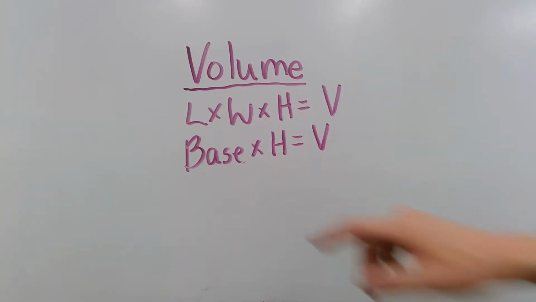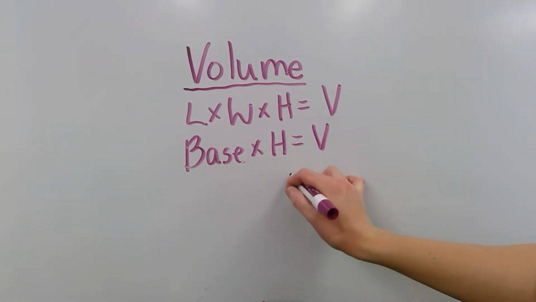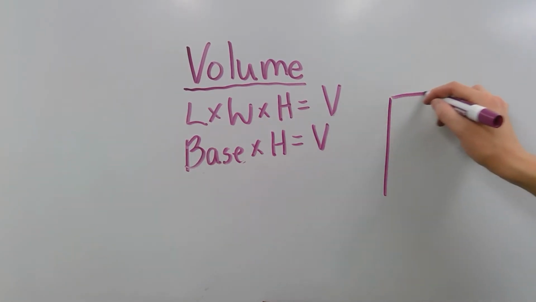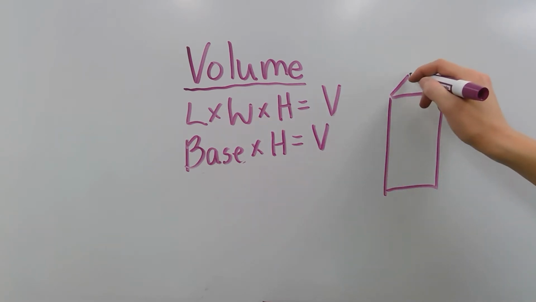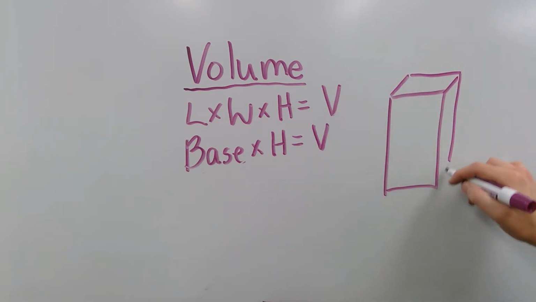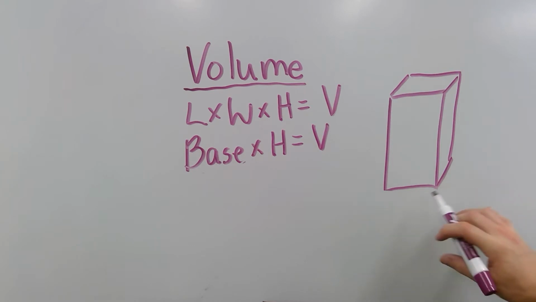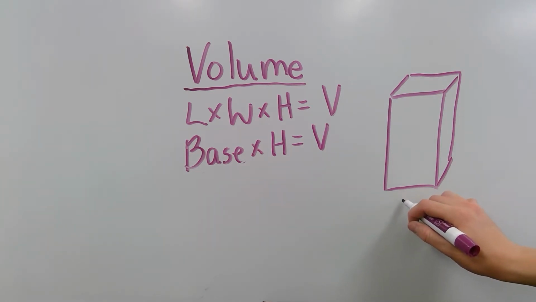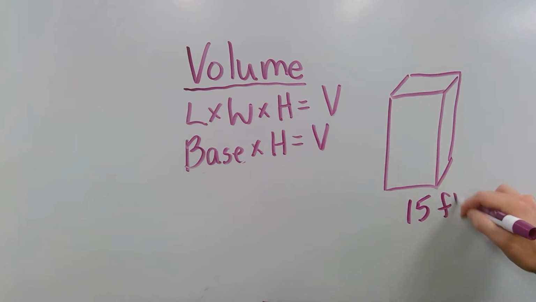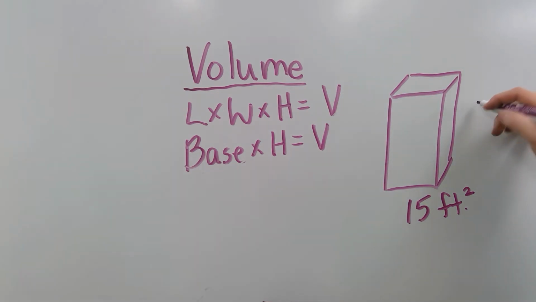So let's look at another one like this, where it's the base times the height. If I had a building and they tell me that the base of the building is, let's say, 15 feet squared, and the height is 10 feet.